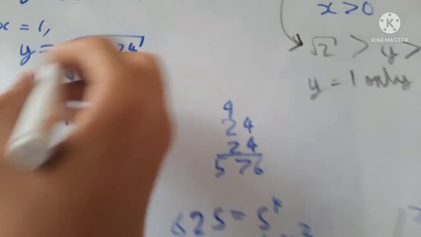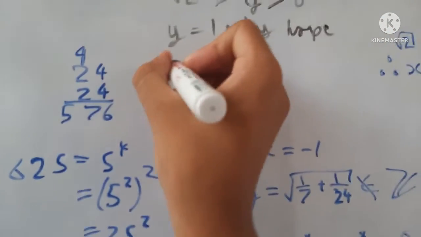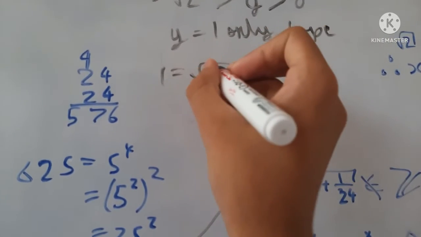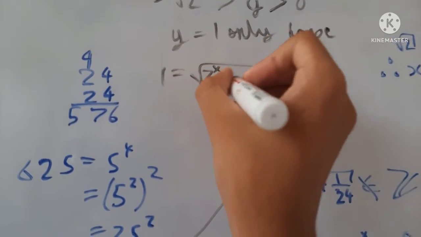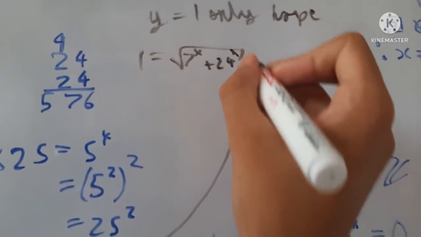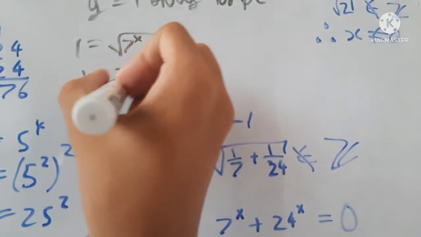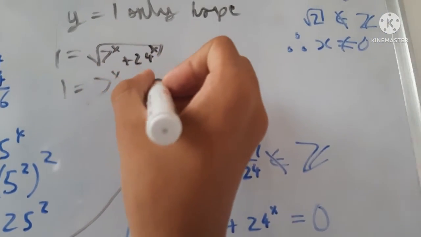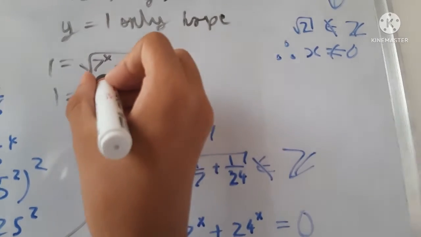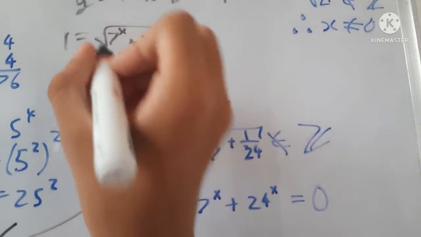So 1 is the square root of 7 to the x plus 24 to the x. Squaring both sides, we get 1 is 7 to the x plus 24 to the x. Why am I writing my x's weird today? I don't know, man.